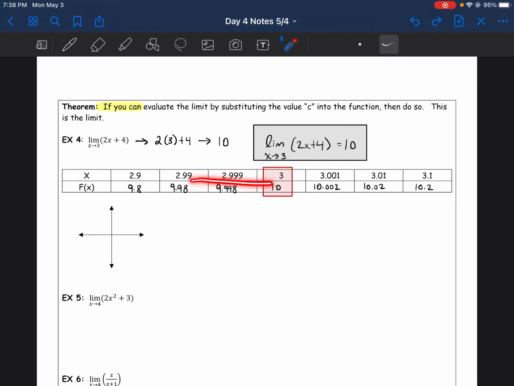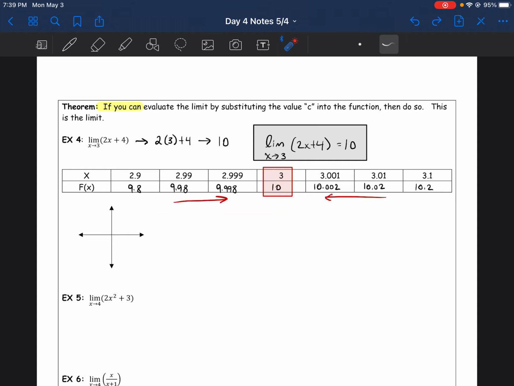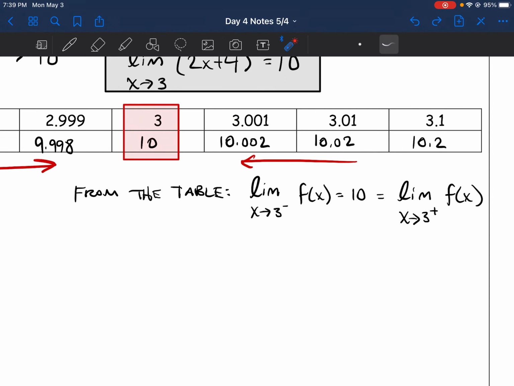So we have this table with these y values right here. And notice that as we approach 3 from the left, the y values are converging to 10. And as we approach 3 from the right, the y values are also converging to 10. So from the table, the left-sided limit right here is equal to 10, and the right-sided limit right here is equal to 10.